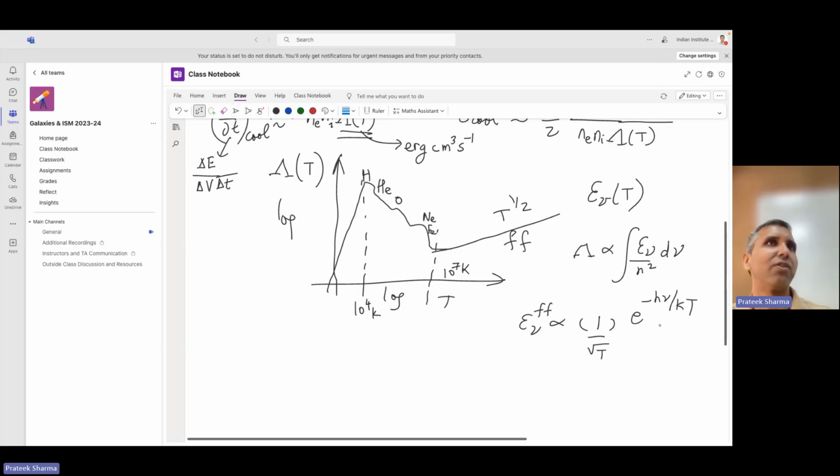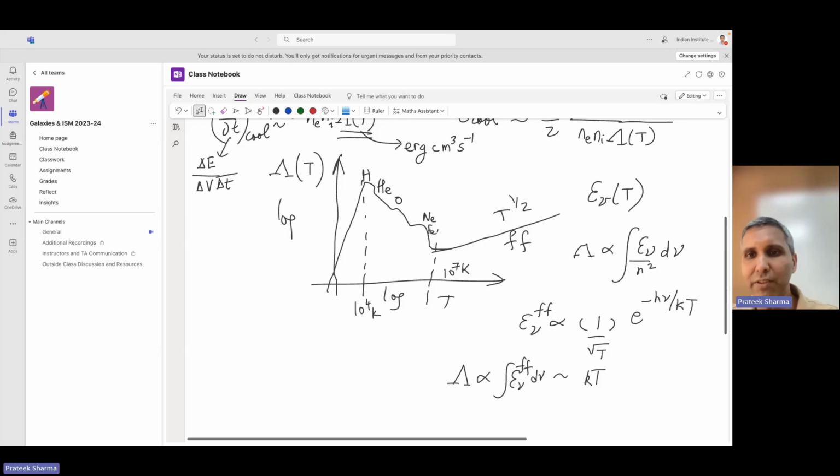If you integrate this over all frequencies, d nu, which is like lambda, you essentially get kT in the numerator, because the exponential cutoff is at h nu of order kT. So the integral over nu will just pick out kT.